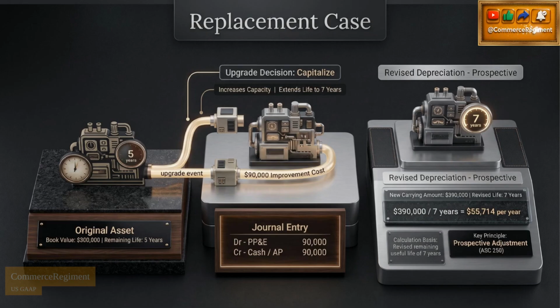The entry is debit PPE for $90,000 and credit cash or accounts payable for $90,000. The new carrying amount is $390,000 and straight line depreciation over 7 years is approximately $55,714 per year. Prior depreciation is not restated.